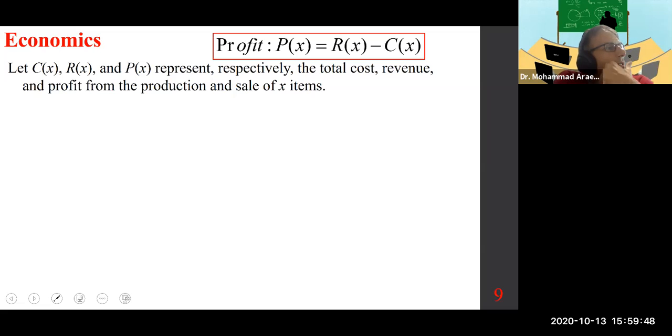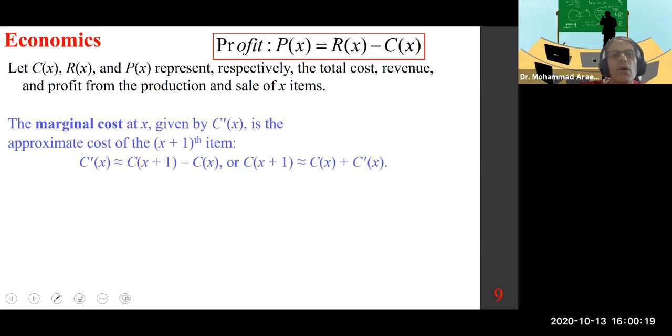All right. Let's look at the concept when we deal with economy. In economics, profit, as everybody remembers from algebra, is defined as revenue minus cost. So let C of x, R of x, and P of x represent, respectively, the total cost, revenue, and profit from the production and sale of x items.